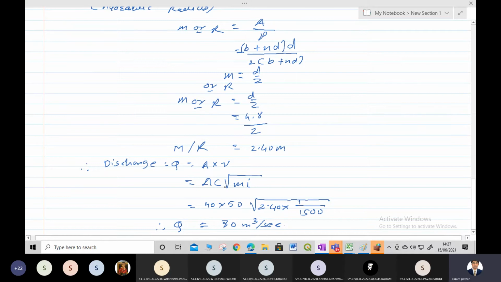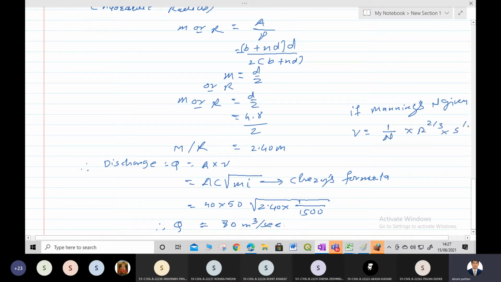If Manning's constant is given, then we have to find out the discharge by Manning's formula. If Manning's n, capital N, is given in the problem, how will you calculate velocity by Manning's formula? 1 by n into R raised to 2/3 into S raised to half.